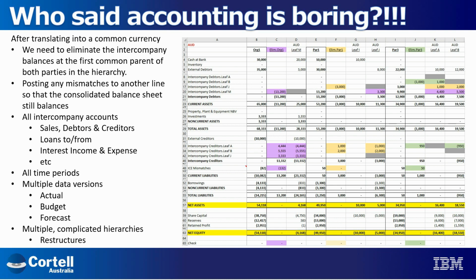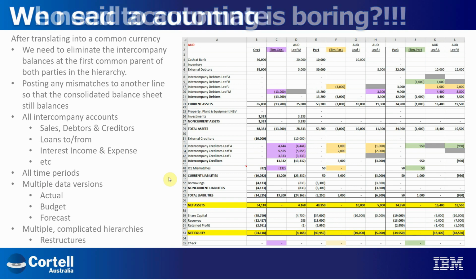We may have an acquisition or a divestment and we need to restructure, or just a restructure, moving entities around the organisation, then we need to restructure our elimination process to accommodate that.